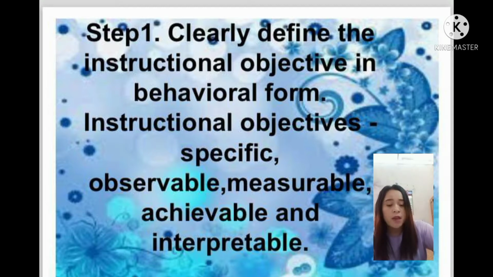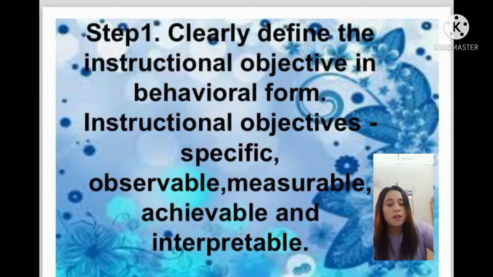If we say instructional objectives, it is the statement that describes what the learner will be able to do upon completion of the learning experience. For example, given the picture of a flower, that is a condition.